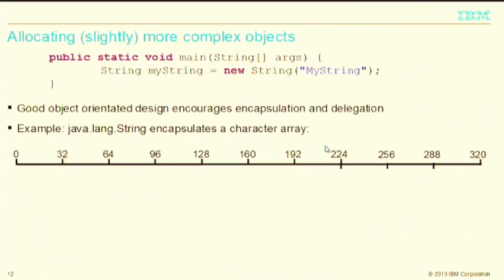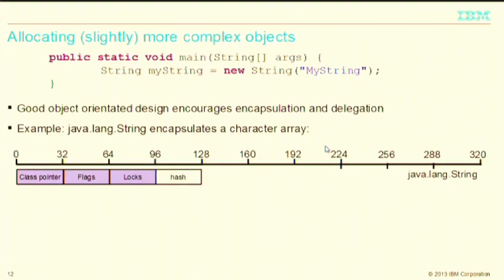OK, so that was just allocating a simple integer object. We had our single int inside 128 bits worth of memory, and there was a 4-to-1 overhead. Now, what happens if I create a string? When I create a string, I've got my 3 words of overhead, my 96 bits worth of overhead.